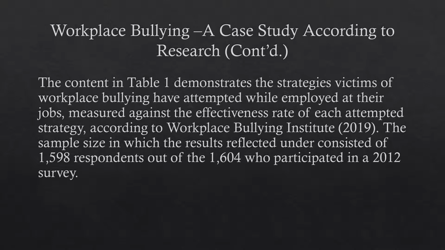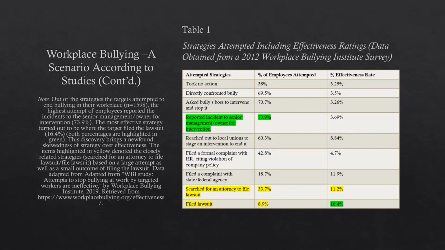The sample size in which the results reflected on consisted of 1,598 respondents out of the 1,604 who participated in the Table 1 here, where I highlighted certain categories, certain percentages in green, notating the highest percentage of employees attempted a certain strategy.